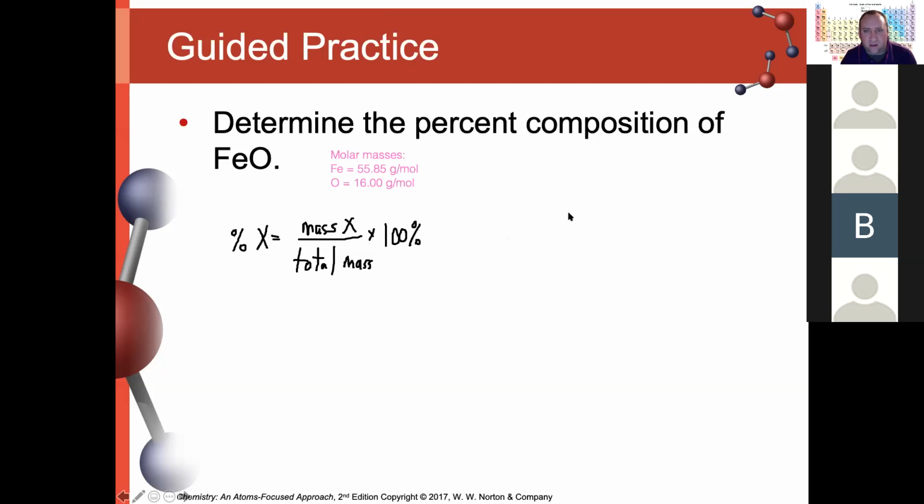So from that perspective, the percent of iron is going to be equal to 55.85 divided by the total mass. Now the total mass here, 55.85 plus 16, would be 71.85 grams per mole.